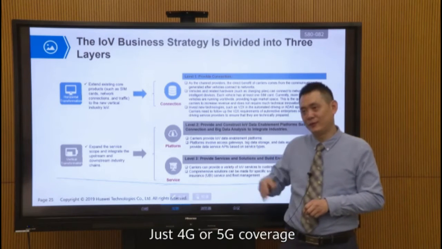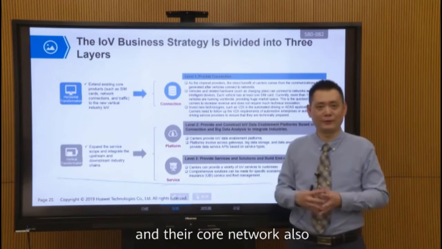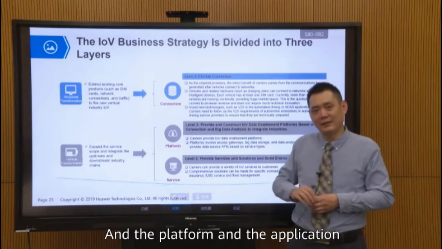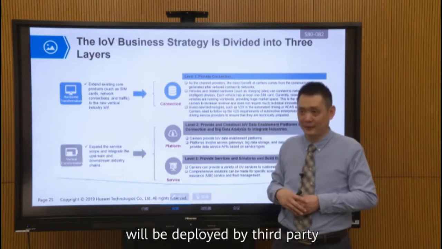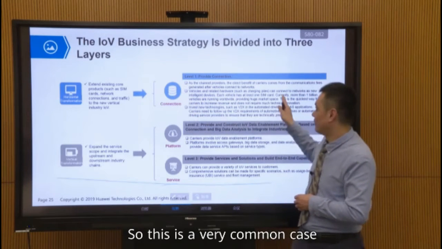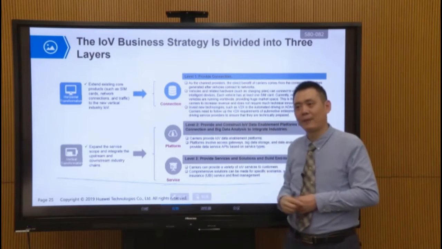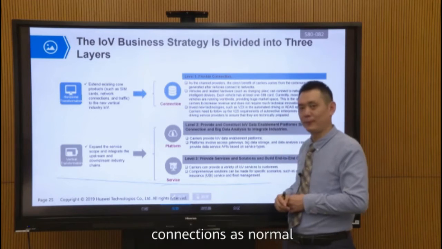Just 4G or 5G coverage, and their core network also. And the platform and the application will be deployed by a third party. So this is a very common case. The operator will just provide connections, as normal.